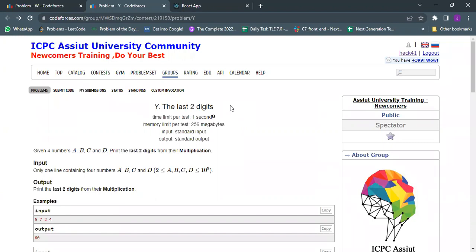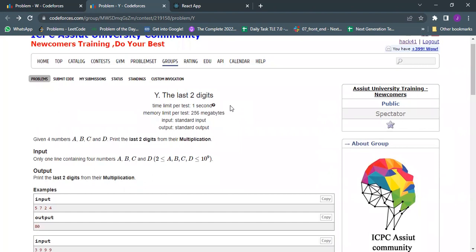That depends on the problem. Are you saying that if we have to print the whole product of all these four numbers, and this number can be 10 to the power 9, are you asking that? Yes. Okay, in that case we have to use a string, I think, or store the digits in a vector and then get the product digit by digit. It will be really complex, but yeah, we can do that.